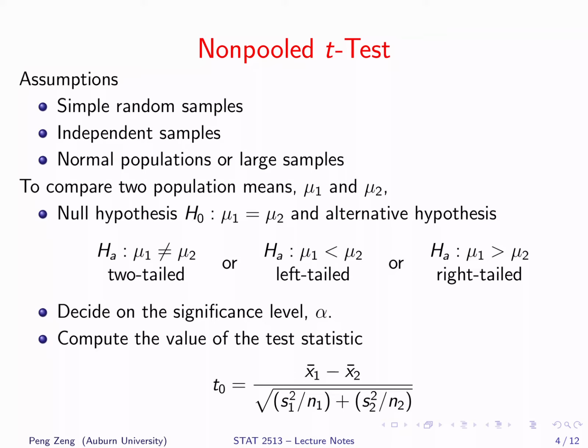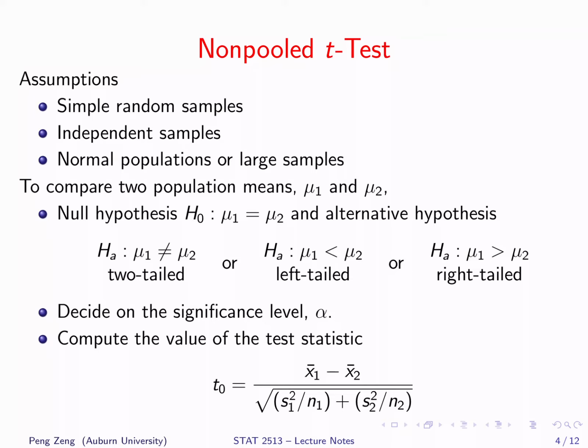We first need to identify the null and alternative hypotheses. The null hypothesis is mu1 equals mu2. There are three possible alternative hypotheses, namely a two-tailed test, mu1 not equal to mu2, a left-tailed test, mu1 less than mu2, and a right-tailed test, mu1 larger than mu2. We also need to decide on the significance level alpha.